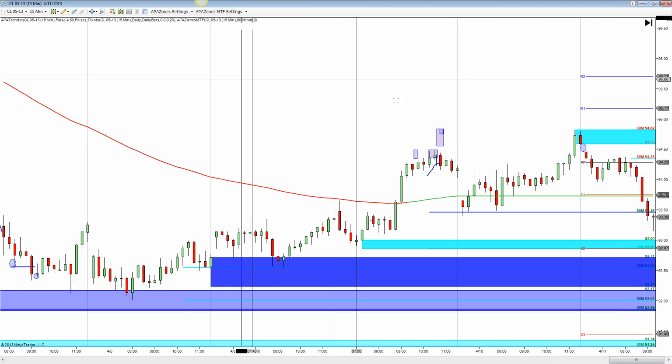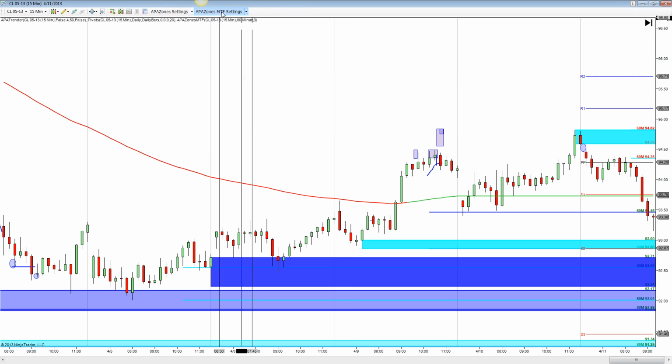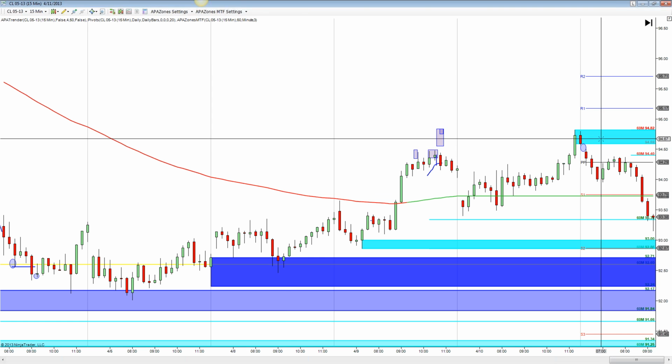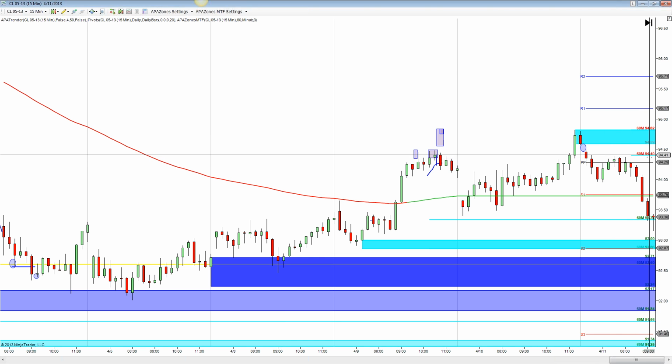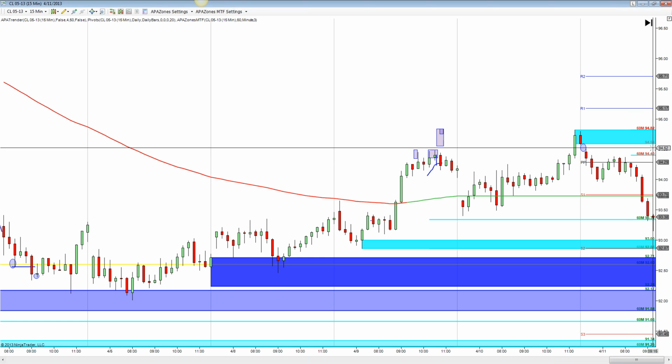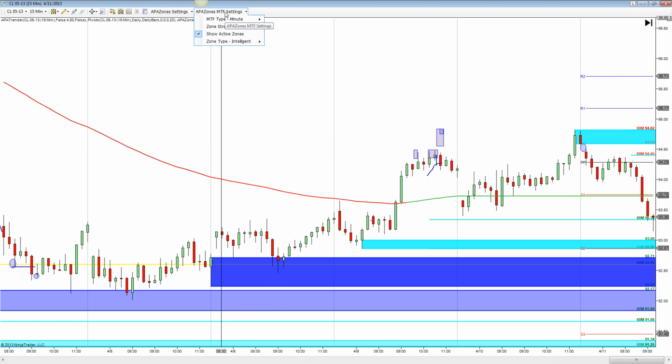You can see like the low is down there at 94.35, and the Intelligent is going to be smaller than that probably, 94.40. Okay, so interesting. But you can see the two different styles of the zones there.